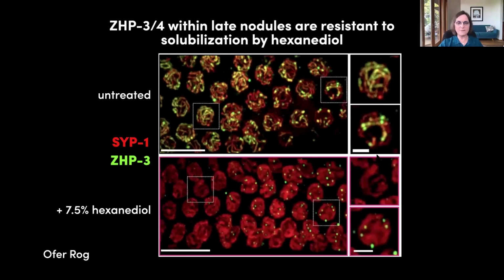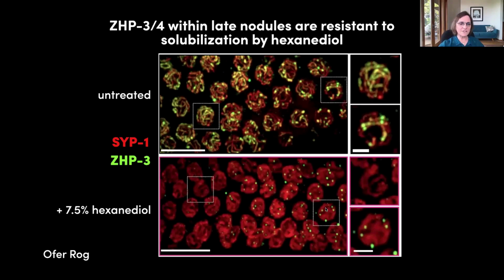Another hint was data from Ofer when he was in my lab. He found that ZHP3 is soluble in hexanediol when it's distributed along the synaptonemal complex, but when it accumulates in these late foci, it becomes resistant to hexanediol, indicating that it's undergone some kind of change in its chemical bonding that makes it more resistant to extraction.